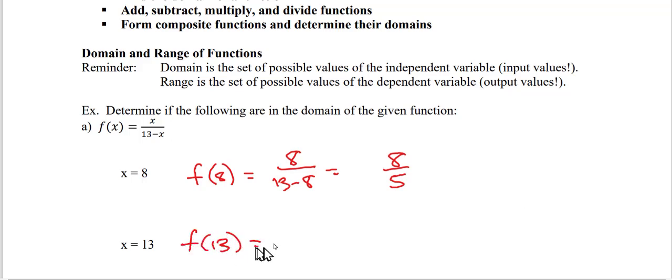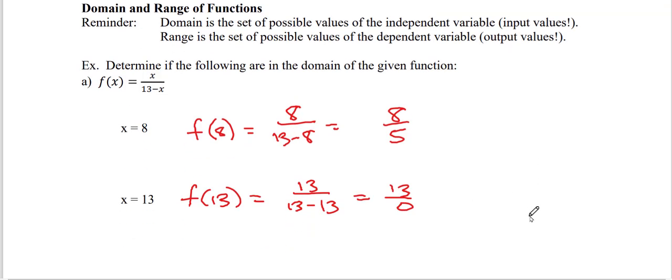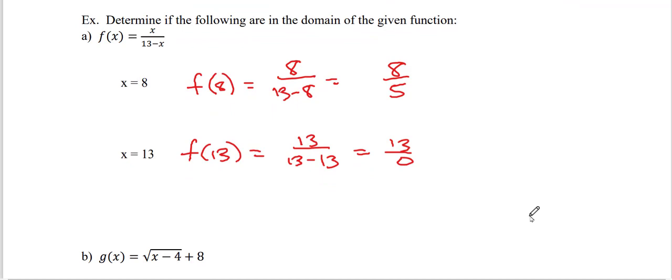Let's try plugging in 13. We get 13 over 13 minus 13. 13 over 0. Uh-oh. I think the world just blew up because we know we can't divide by 0, right? So that's what I was always told by math teachers. If you divide by 0, the world will blow up, right? No. So this is not okay. So x equals 13 is not in the domain.